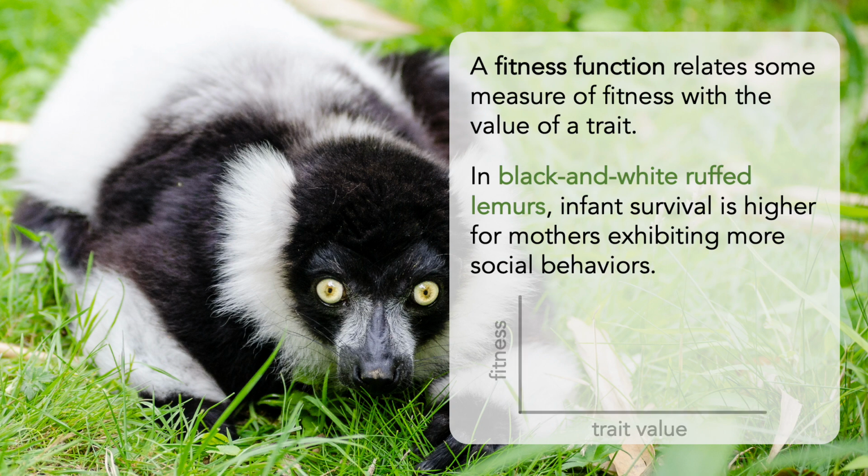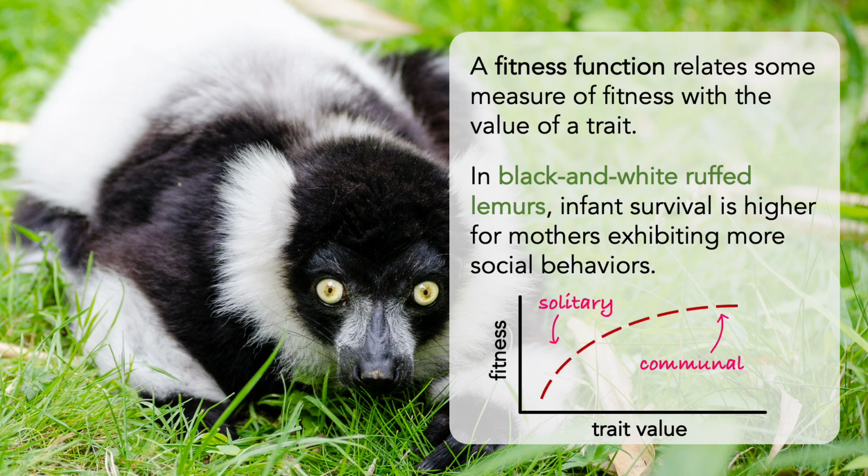The fitness function in this case has a generally positive slope, as communal lemurs have a higher fitness than their solitary conspecifics. Let's take a closer look at a few examples of fitness functions and how these functions indicate whether there is directional, stabilizing, or disruptive selection for that trait.